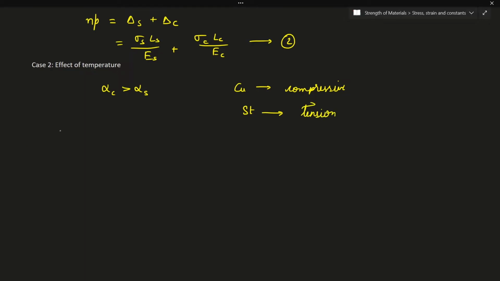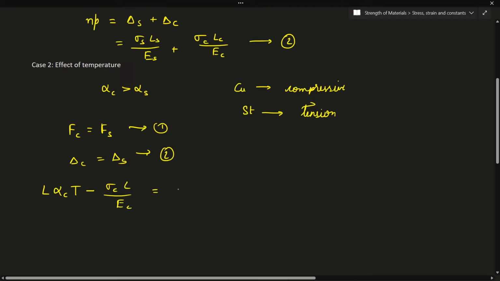Right, so now again we are going to use the same two equations, that is the force taken up by the copper or the tube will be equal to the force taken up by the bolt, which is steel. Again, the total deflection of the tube will be equal to the total deflection of the steel. So this is where we will deviate from the first case. With these two equations we are going to solve the problem. Here the free expansion, that is L alpha c T, because of the compression in the copper, the higher coefficient material, we are going to have compressive load here, sigma c into L divided by Ec.